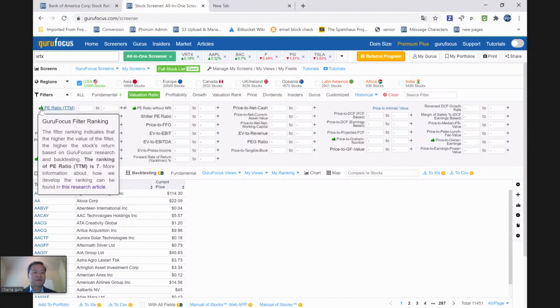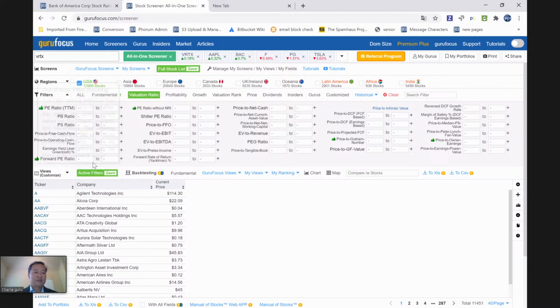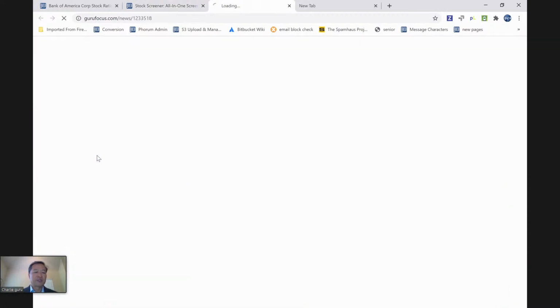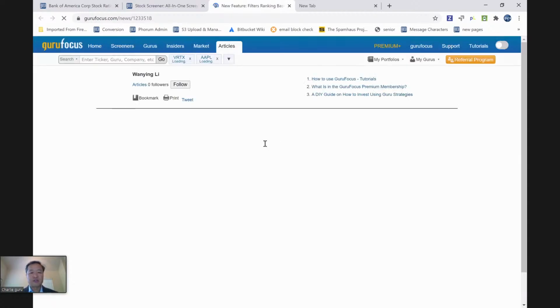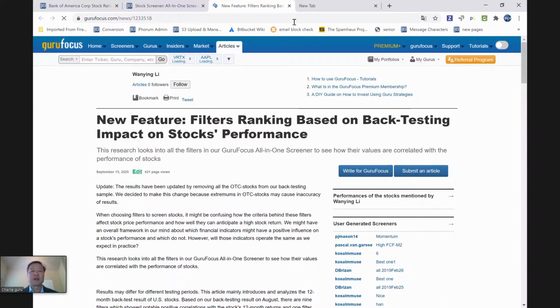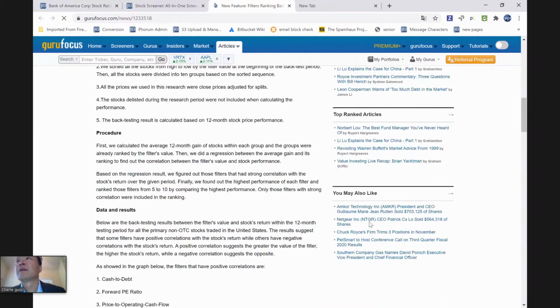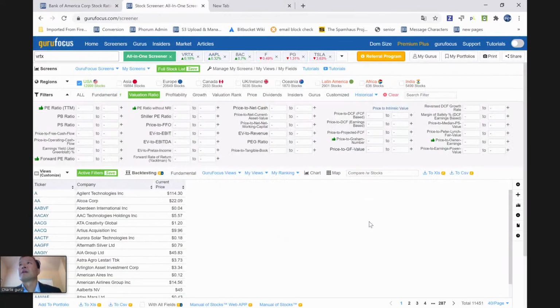So it's different from what we have been thinking, but we have a link here for details. You can read that detailed research article to get some idea of how it works. Okay. About the GF Value part.